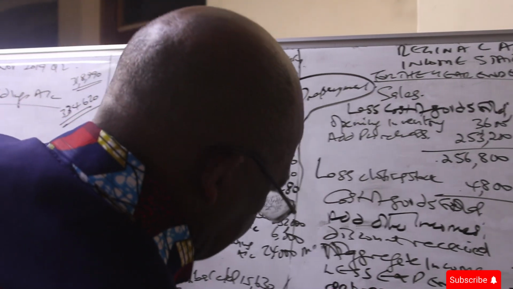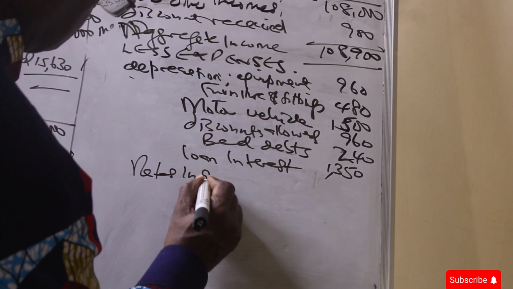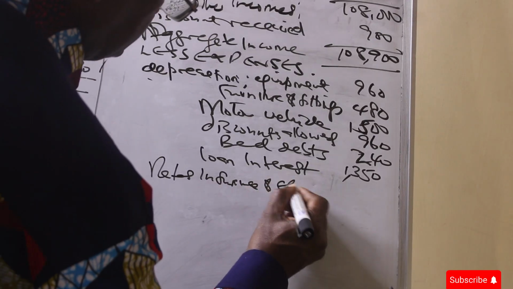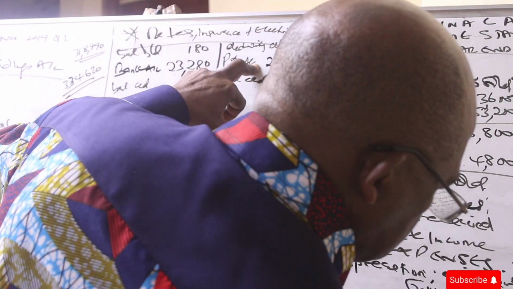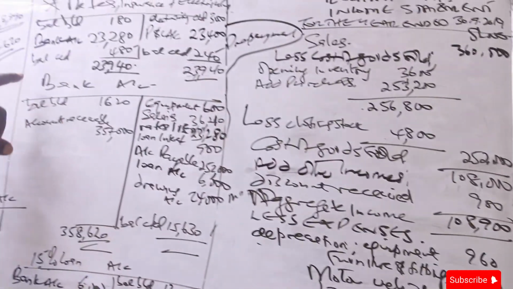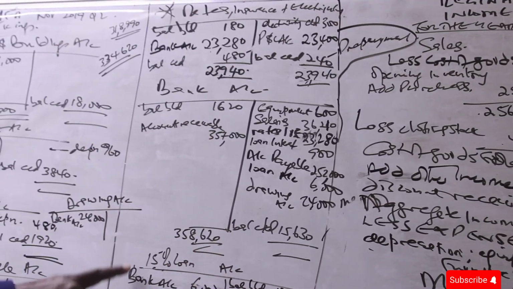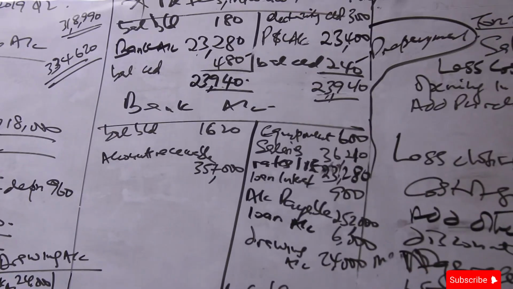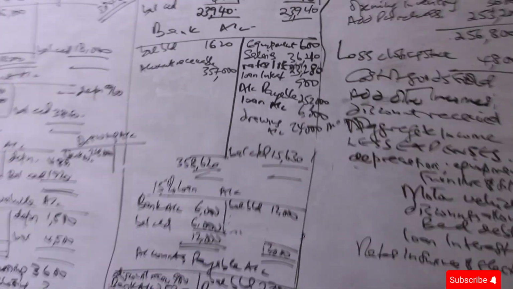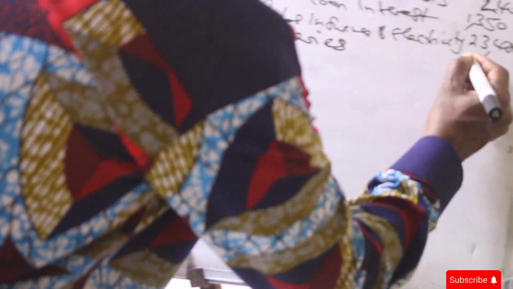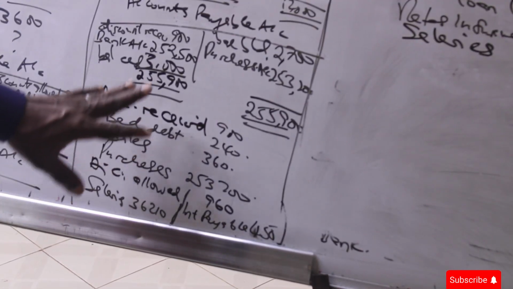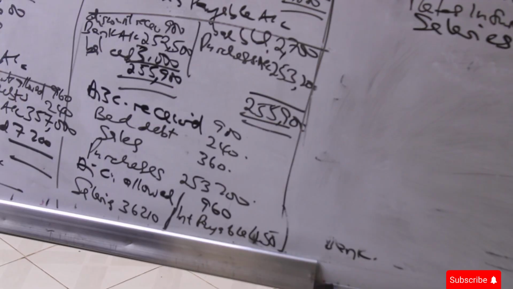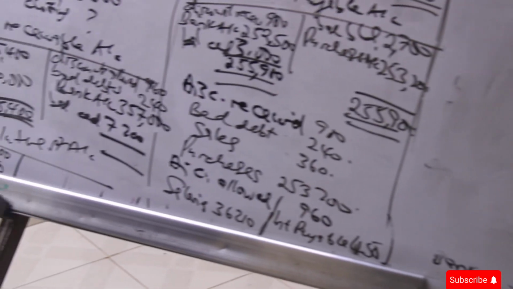Rates, insurance, and electricity is 23,400. Salaries, that is 6,210. Yes, those seem to be my expenses.